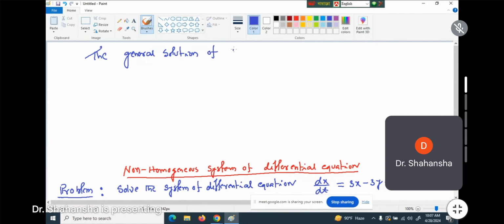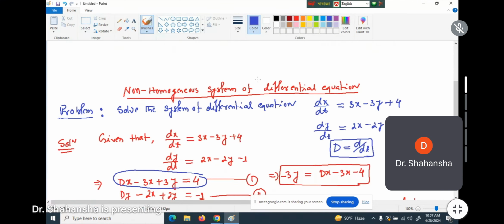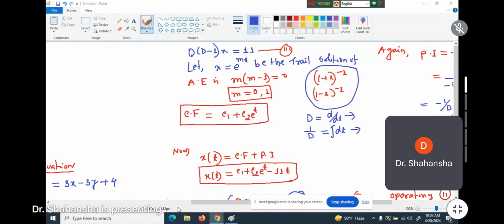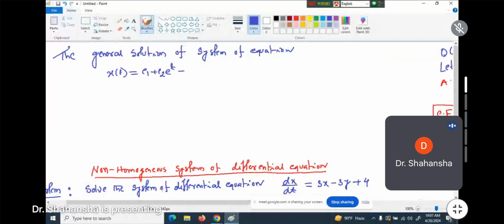Solution of the system of equation, we can get x of t equal to c1 plus c2 e to the power t, minus 11 t, plus 11 t.